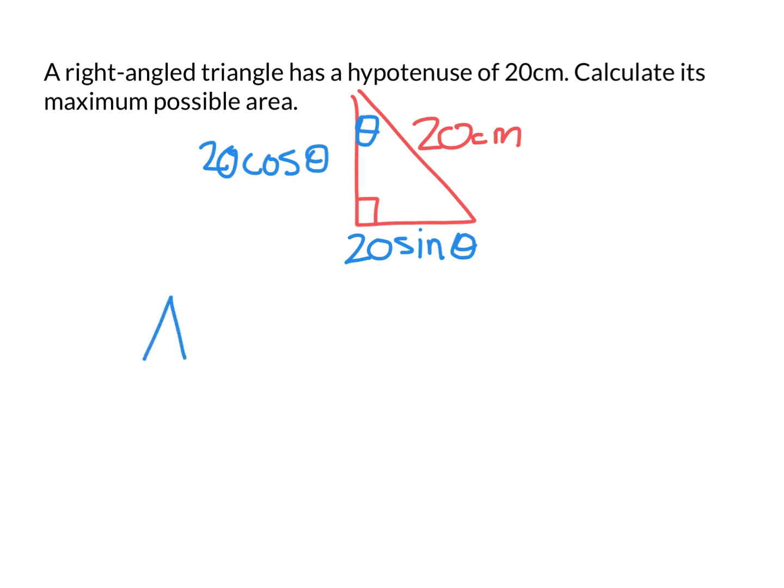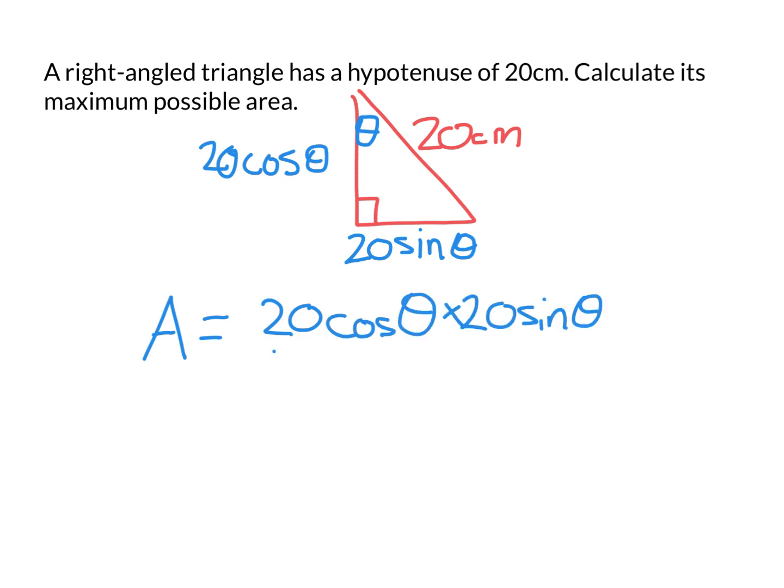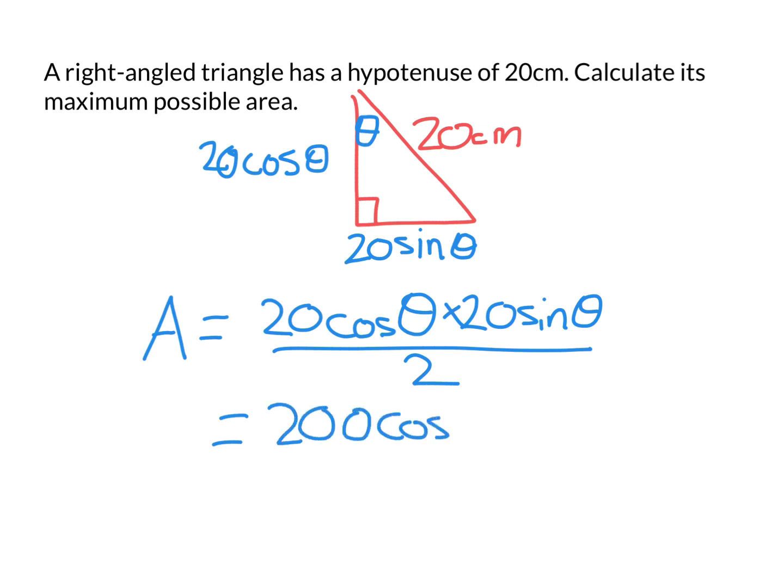So the area of this is just going to be 20 cos theta times 20 sine theta. Now, because it's a triangle, half a rectangle, I need to divide base times height by 2. So just simplifying that, 20 times 20 divided by 2 is 200. So 200 times cos theta sine theta. That is my function for the area.